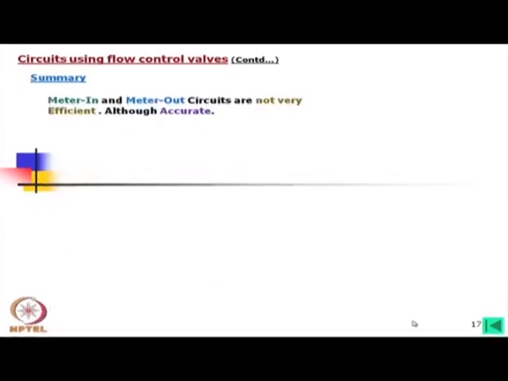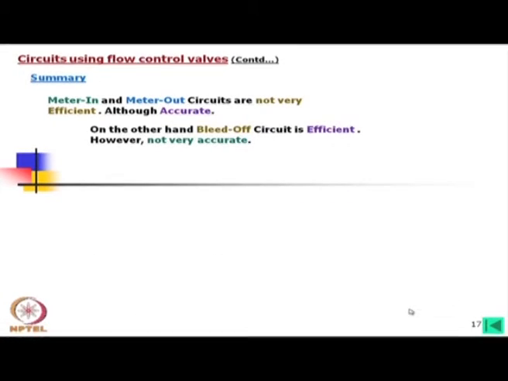In summary, we can say the meter in and meter out circuits are accurate, but not energy efficient. On the other hand, the bleed off circuit is efficient, but not very accurate. We cannot have accurate control there.